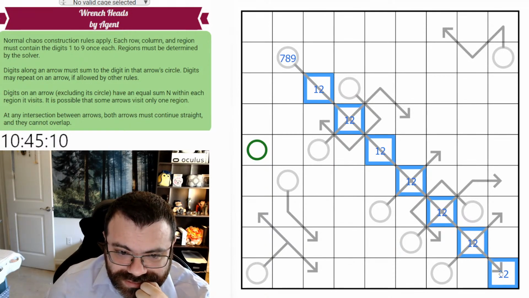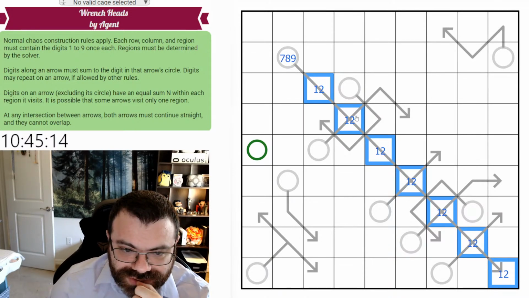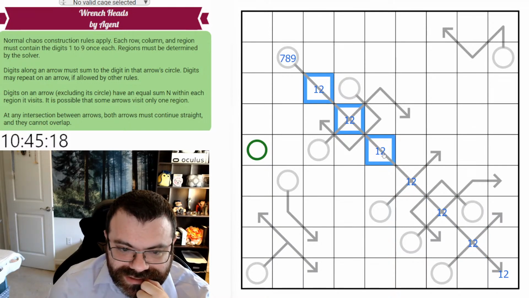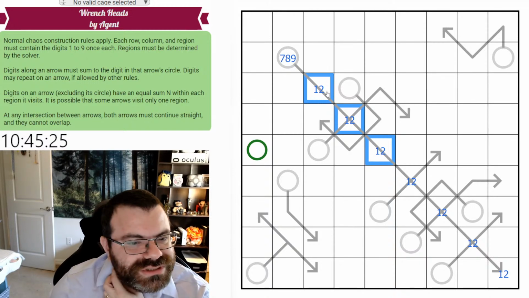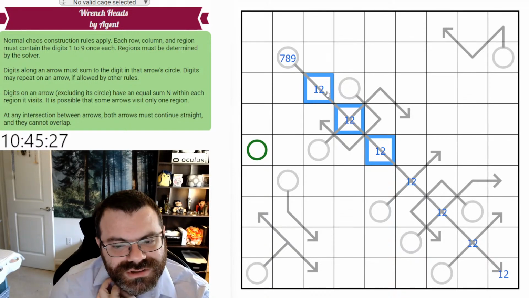So, if these were all 1s, they'd add to 7. If I start including 2s, I can put 3 2s in to add to 9. Or I could put 2 2s in to add to 8. But I don't see how that works.